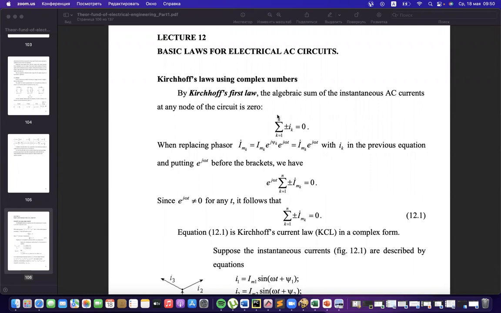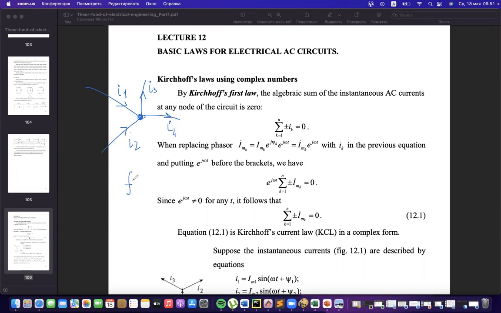You could use Kirchhoff's current law for any moment of time if you have a couple of branches, in each branch you have sinusoidal current, and you want to use Kirchhoff's current law.